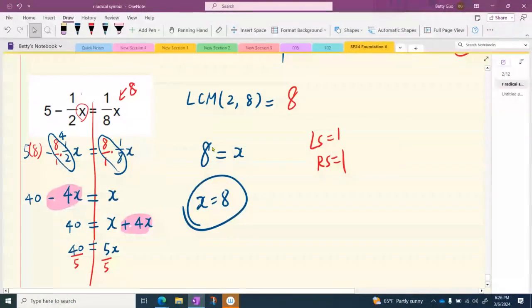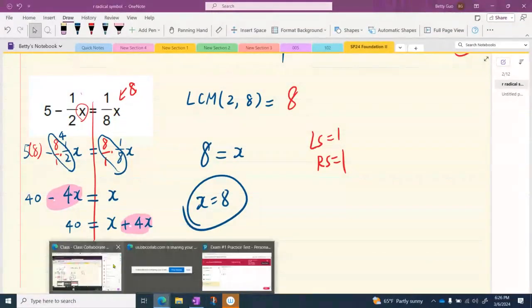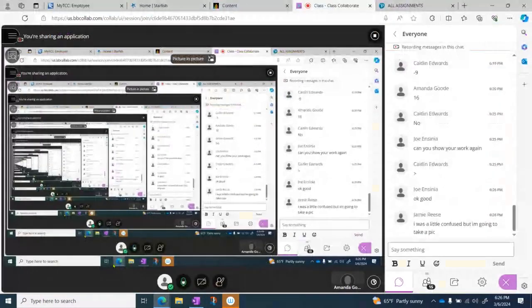Can you let me know which part you need me to repeat? I really want to know which part confuses you. Also, Jill asked to work the problem again.